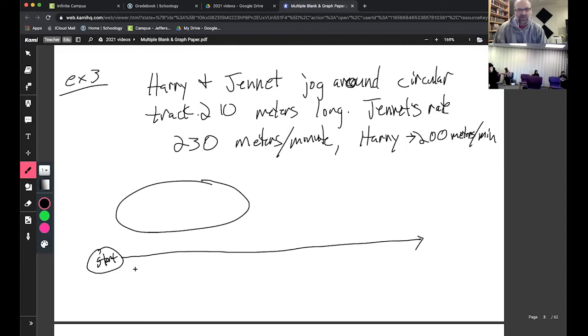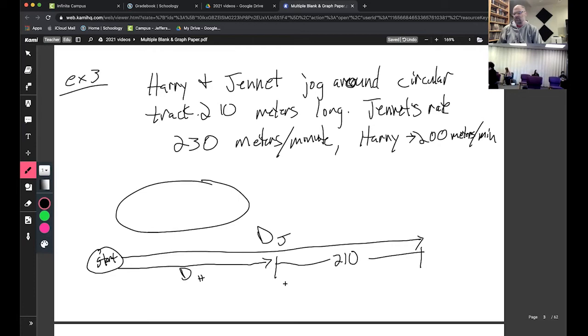We're both starting at the same time. And here's the distance of Harry. And it's a full lap ahead. So how much is a full lap? It's 210 meters long. Okay, so here's our equation. So see if you can do that.